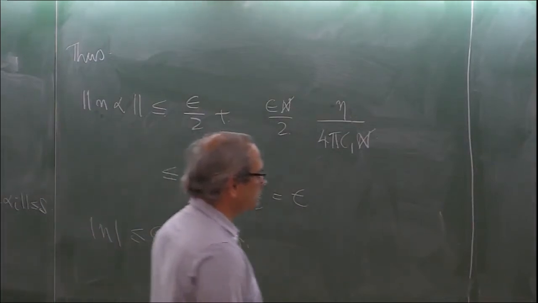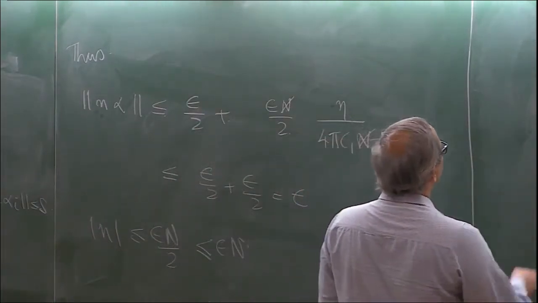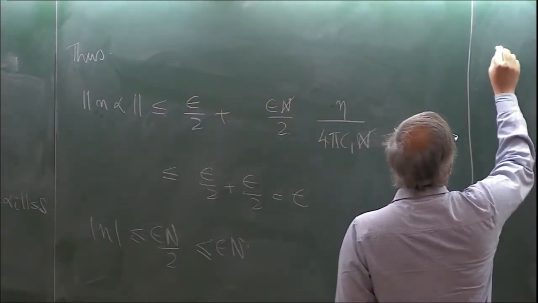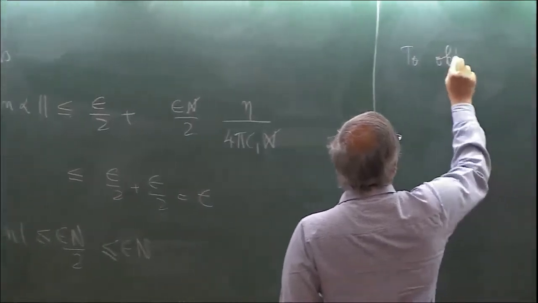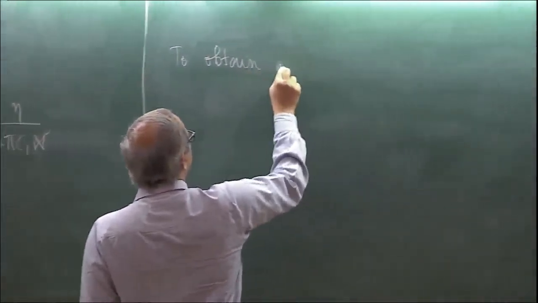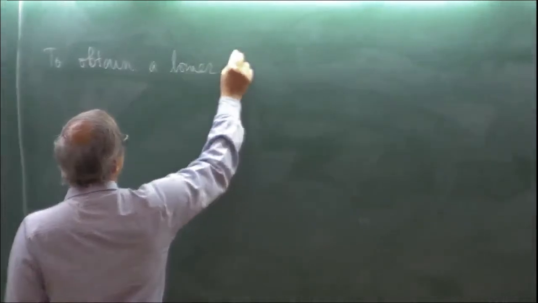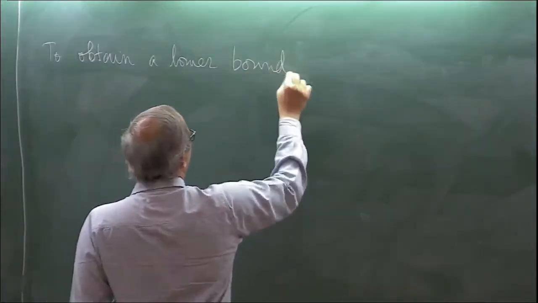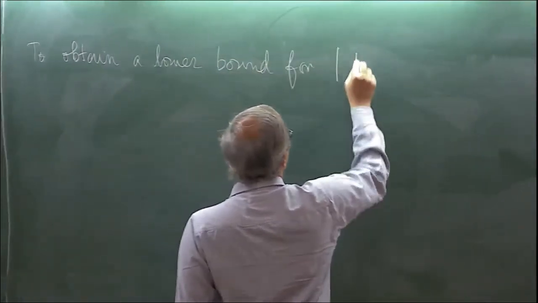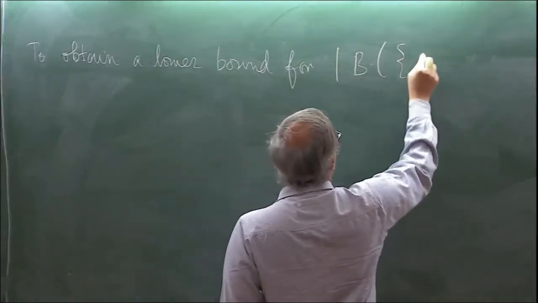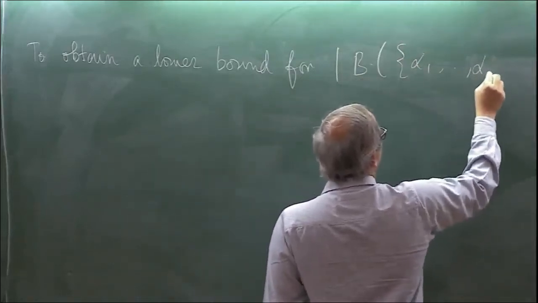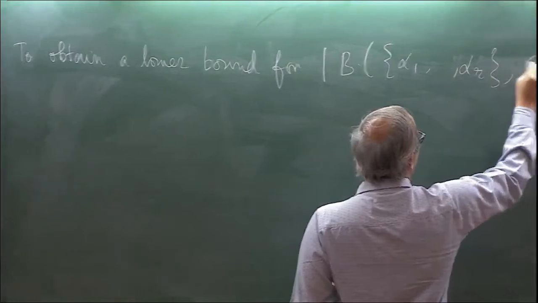Here, one uses a standard argument. So we split to obtain a lower bound for B alpha 1, alpha 2, alpha r times epsilon over 2.